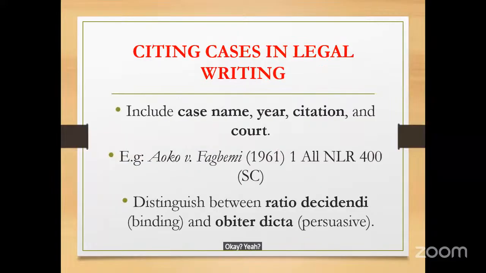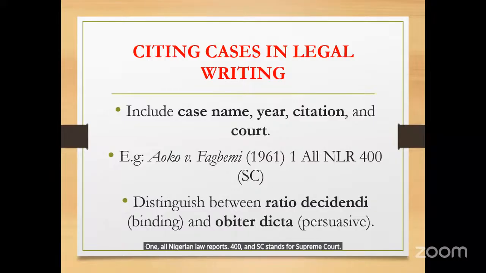Another subtopic under this is citing cases in legal writing. It is important that you must put in the case name, the year it was decided, and the citation, and at the same time the court. We have an example before us, which is the case of Aoko versus Fagbemi, decided in 1961, 1 All Nigerian Law Report 400, and SC stands for Supreme Court.